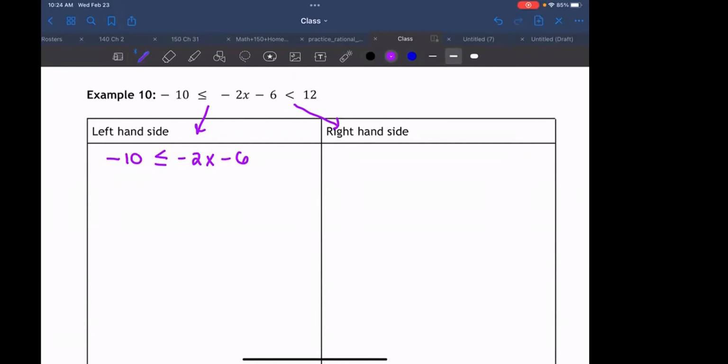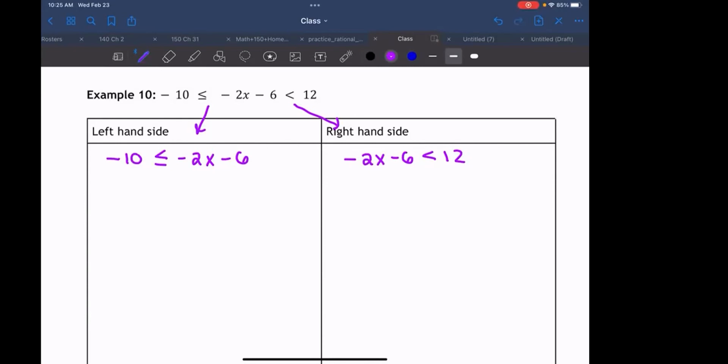The right-hand side is the same thing, but I'm ignoring the -10 is less than or equal to part. So -2x minus 6 is less than 12. So I split this up into two different inequalities. One is the left-hand side, the other is the right-hand side.